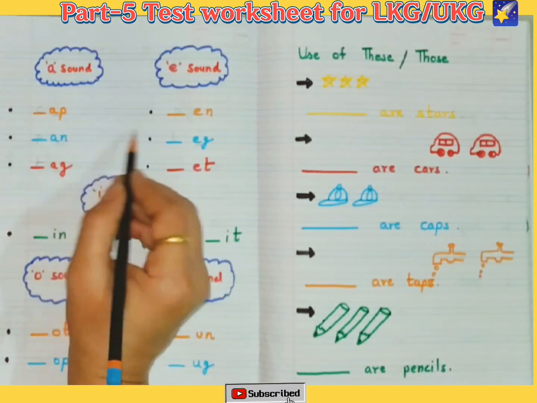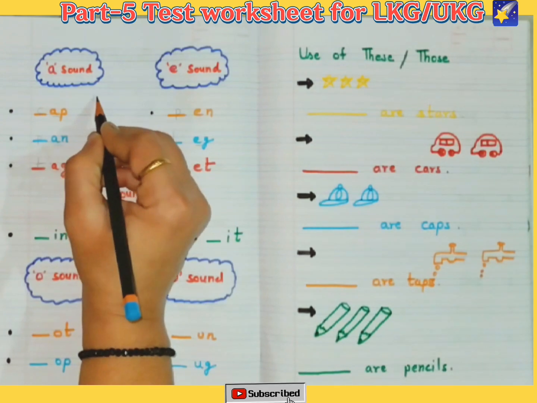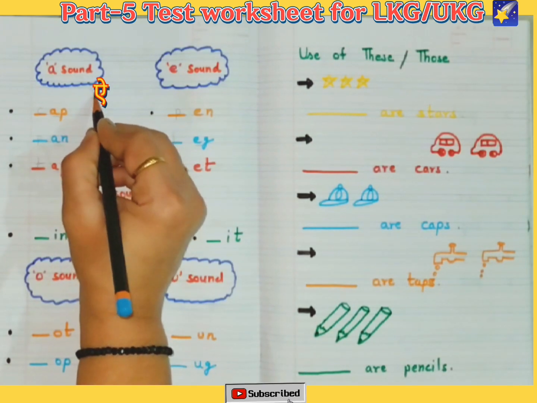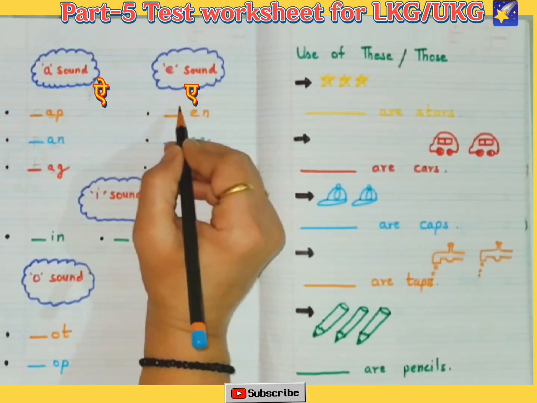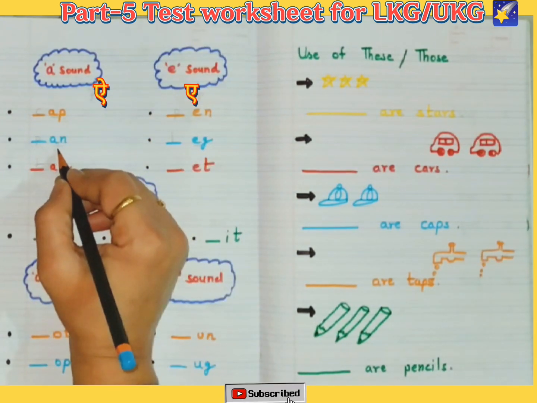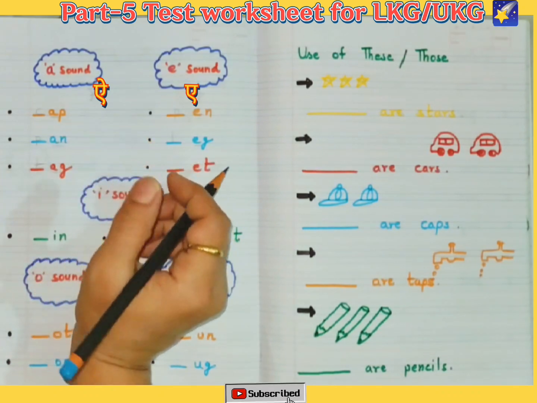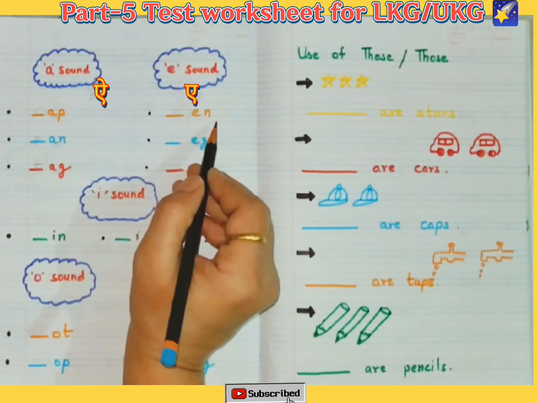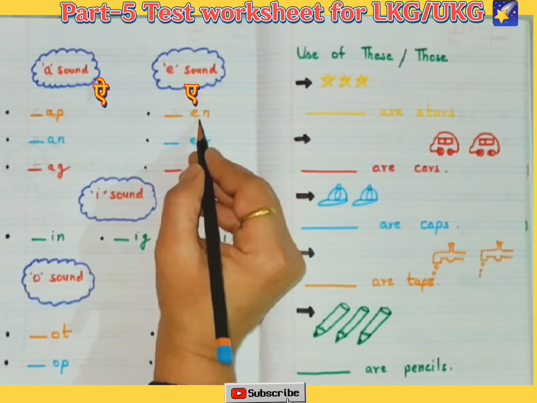See the difference between AN and EN. What is the difference between A and E? When we pronounce A, the mouth opens wide. In E, it is not that wide. It's an, pen.